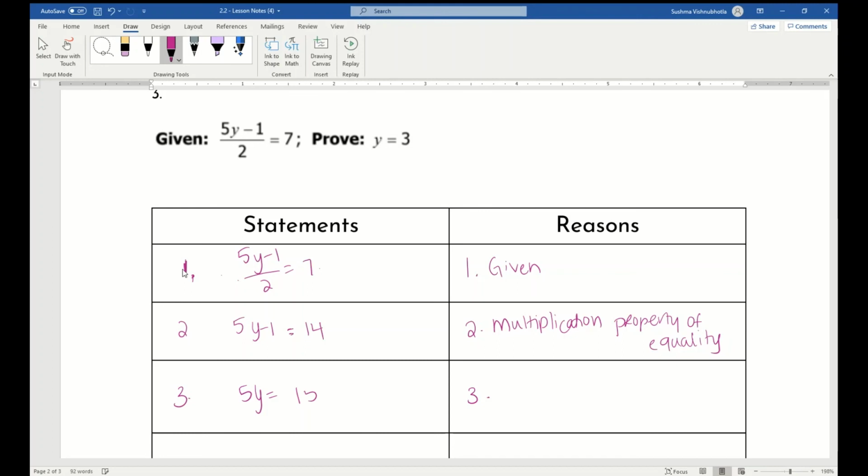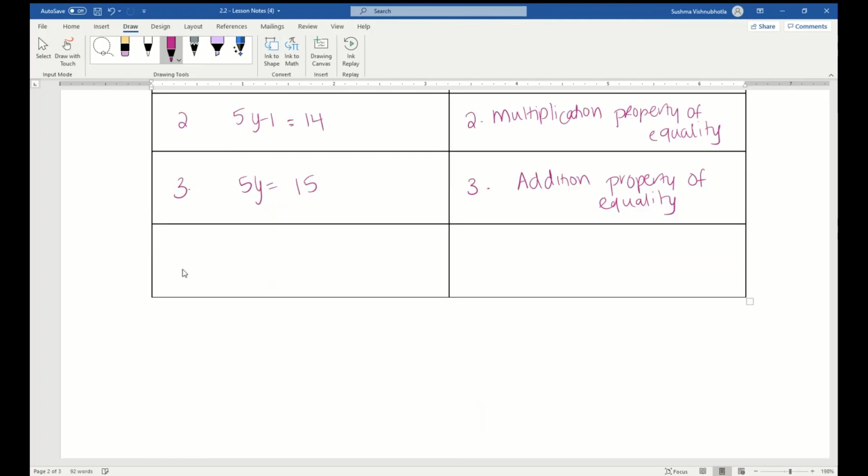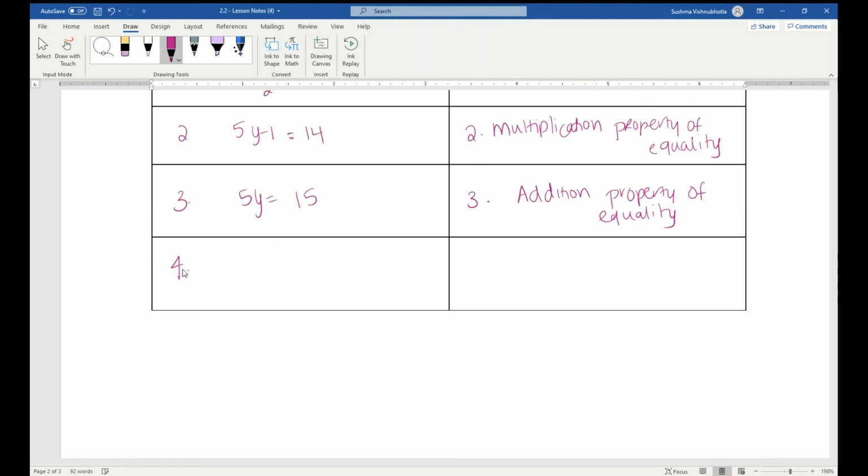So I get 5y equals 15. And that is the addition property of equality. And finally, my final step is to divide both sides by 5, which finally gives me y equals 3, and that is the division property of equality.